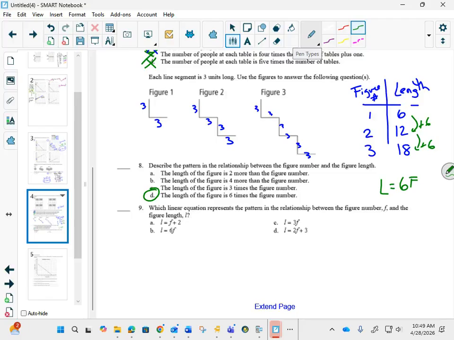The answer is D. We didn't have to add anything. How do we know the answer is D? The length, that's the L, equals 6 times figure, 6 times F. So we also have to be able to read in English what an equation is.